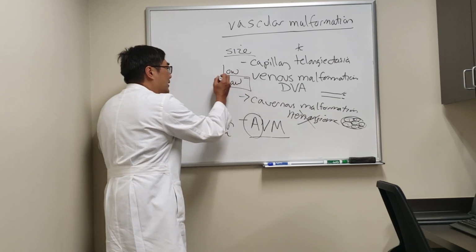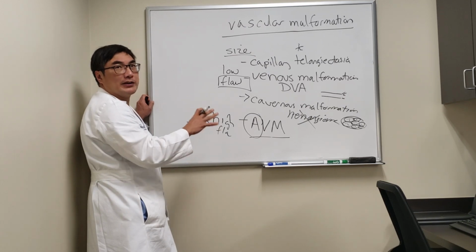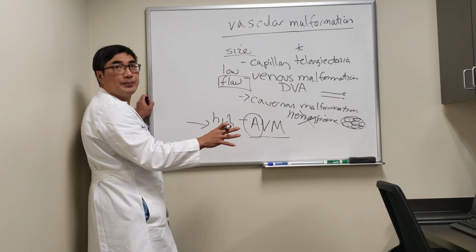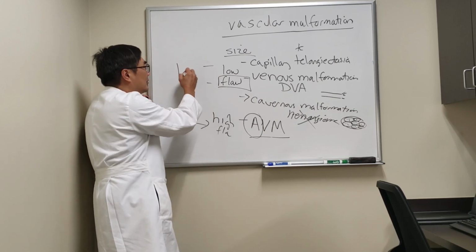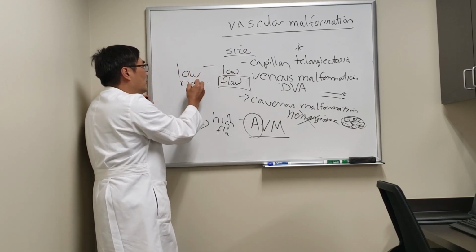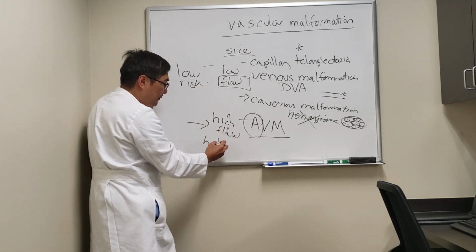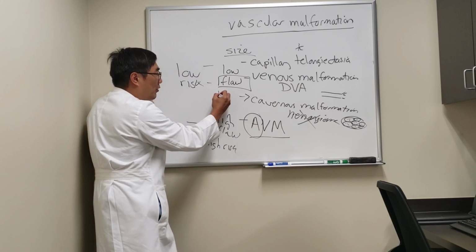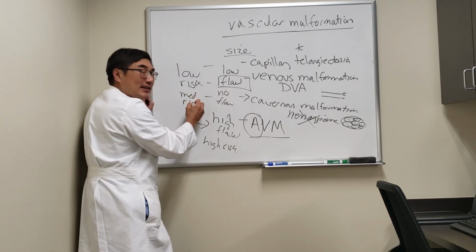The venous malformation and the capillary telangiectasia are super low flow, and so we definitely generally don't do anything with those. So these can bleed, but the risk of bleed is low. So this is low flow and low risk. This is high flow and high risk. This is no flow, but medium risk.